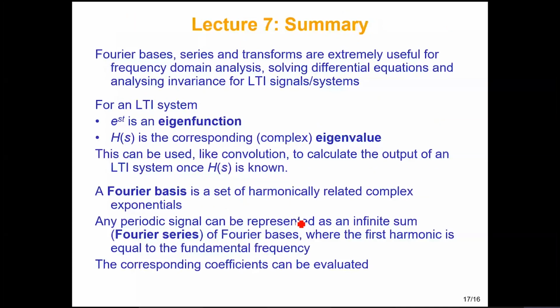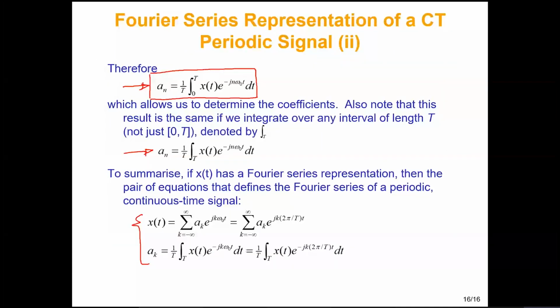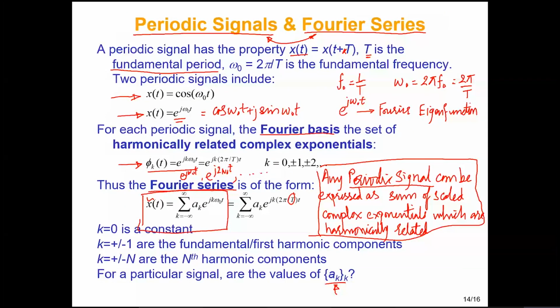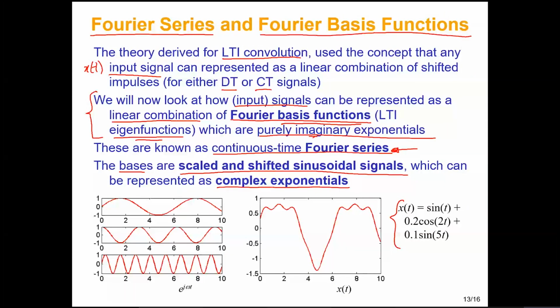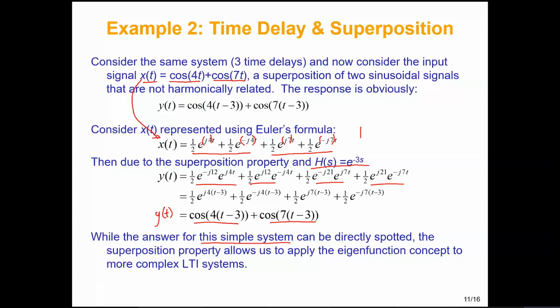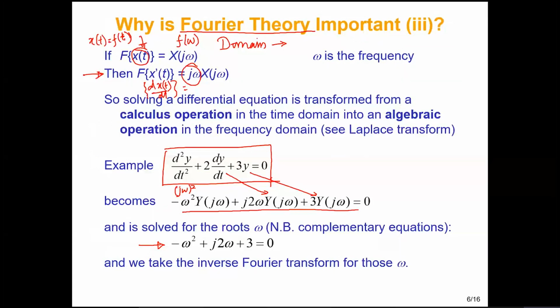So this was talking about slide set number 7. In this slide set, we talked about eigenfunctions and eigenvalues, and we showed how we can use these eigenfunctions and eigenvalues to find the output for simple sinusoids or complex exponentials as input. And then we also talked about Fourier theory, what it is, how it is important and why it is useful.